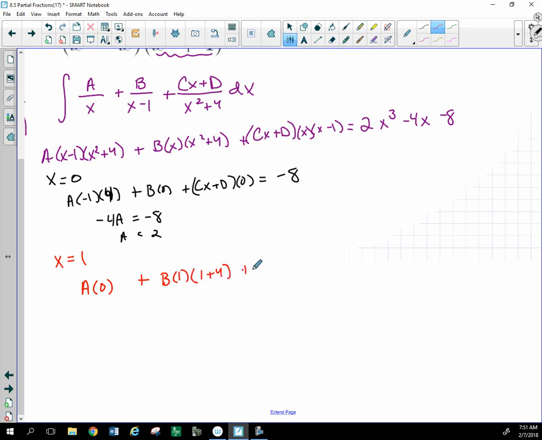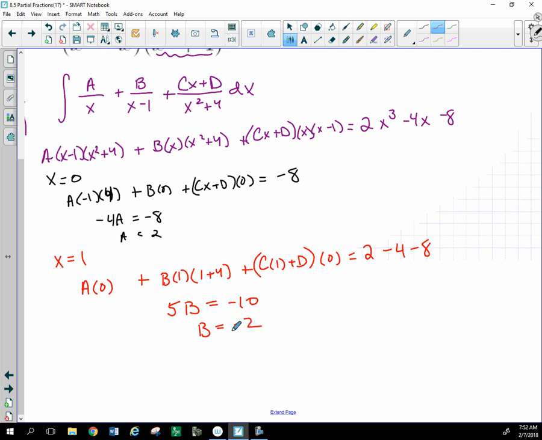Then putting 1 into the cx plus d part zeroes out the remainder of that. Over here, I'm left with 2 minus 4 minus 8. So I've zeroed out all of the other stuff except for the b value. I have 5b is equal to, when we combine those, negative 10. So b is negative 2.